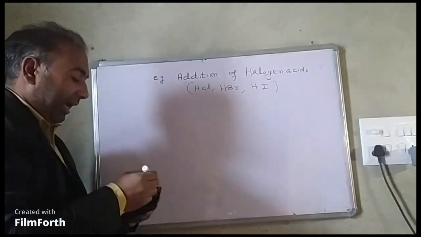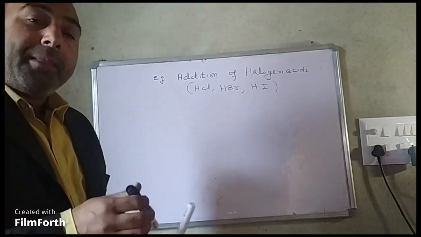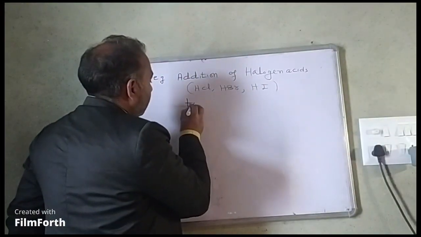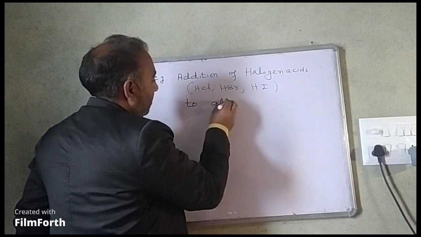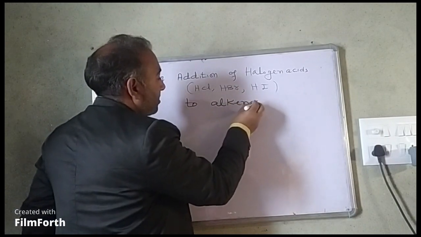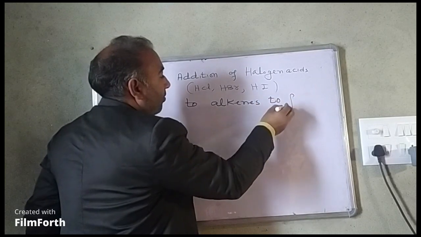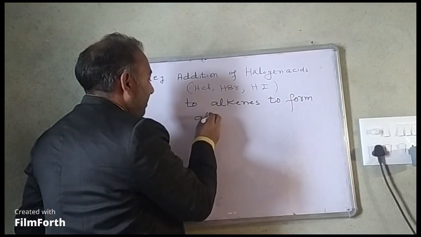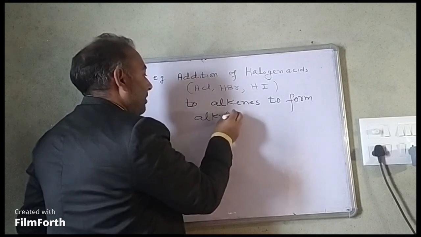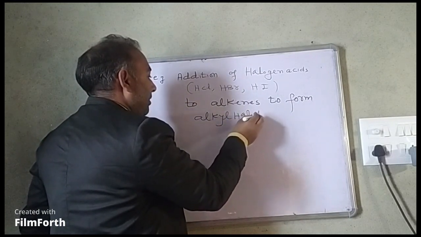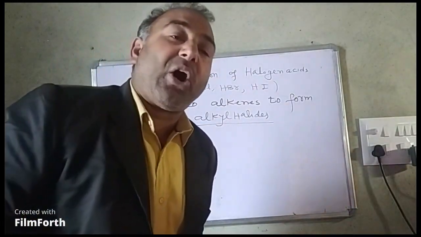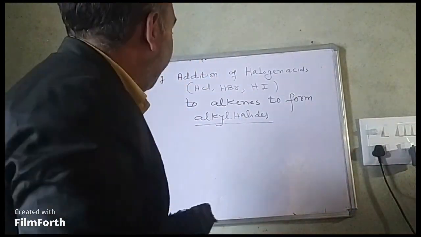These are called halogen acids. Addition of halogen acids to alkenes to form alkyl halides. This is a well-known example of electrophilic addition.